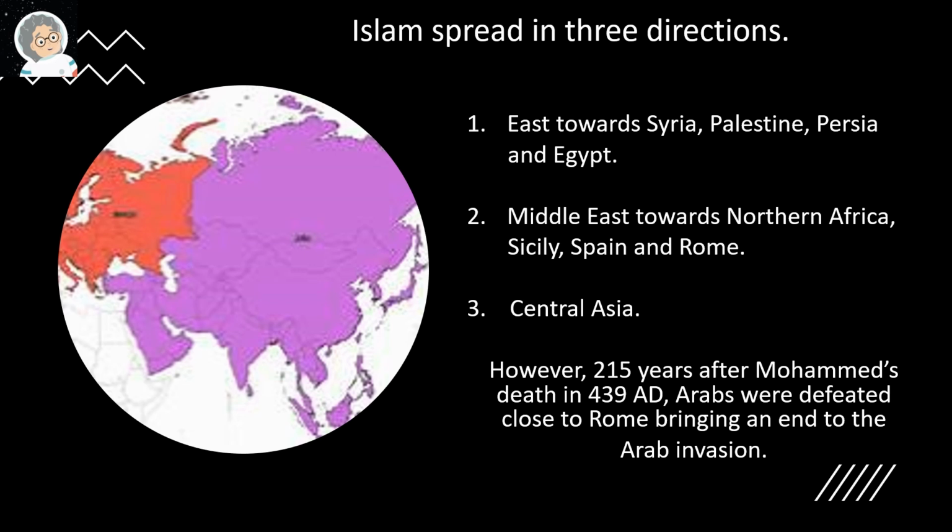First, east towards Syria, Palestine, Persia, and Egypt. Second, towards the Middle East, towards northern Africa, Sicily, Spain, and Rome. And third, towards Central Asia. However, 215 years after Muhammad's death, in 439 AD, Arabs were defeated close to Rome, bringing an end to the Arab invasion.